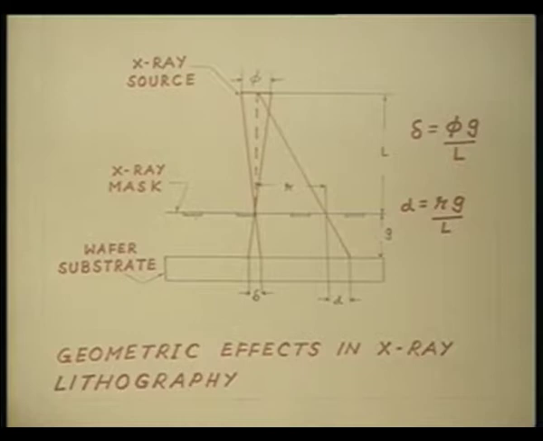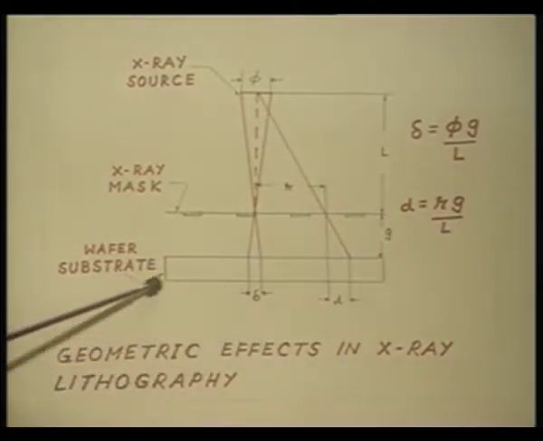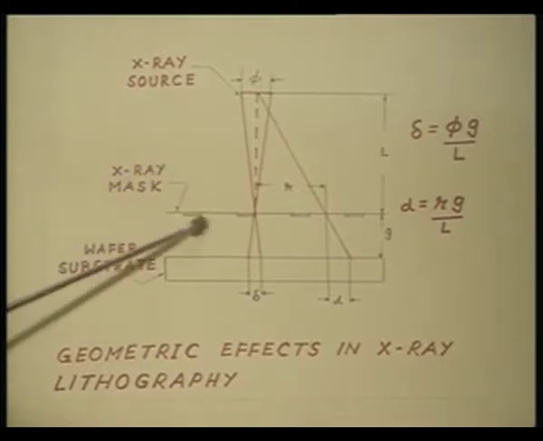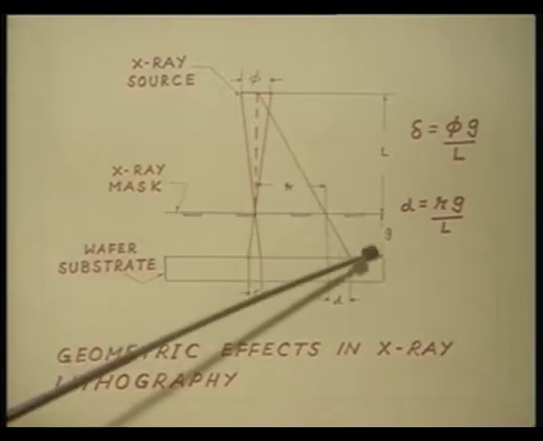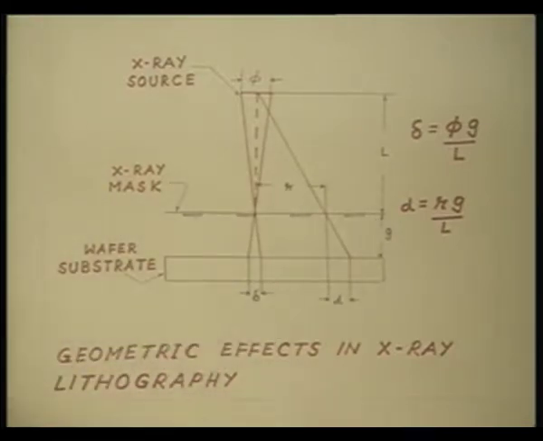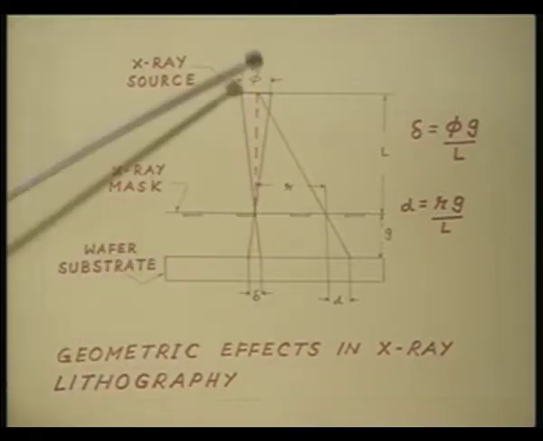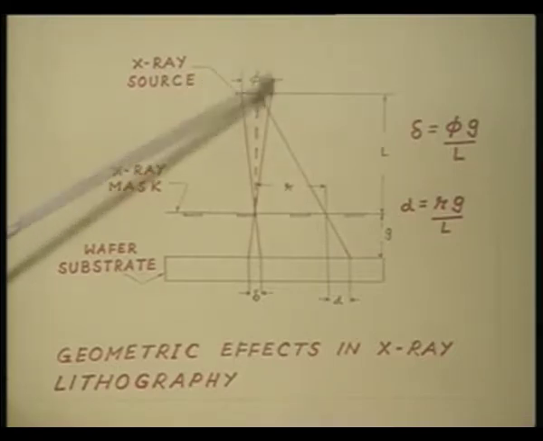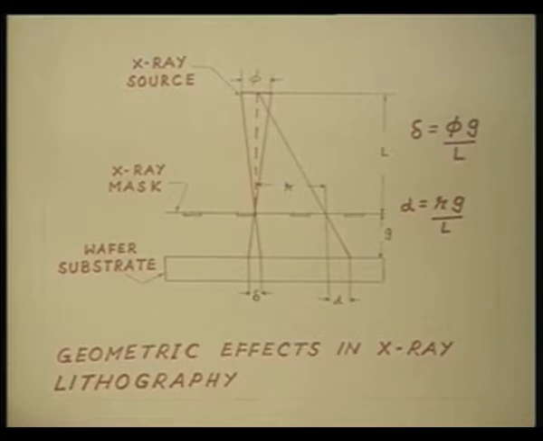Now, in this figure we are showing the cross sectional view of the wafer substrate, and this is the X-ray mask which is separated from the wafer substrate by a distance g, which I told you is of the order of about 40 micron. And this is the X-ray source. It has an X-ray beam of diameter phi. Now, you see these are the patterns on the mask.